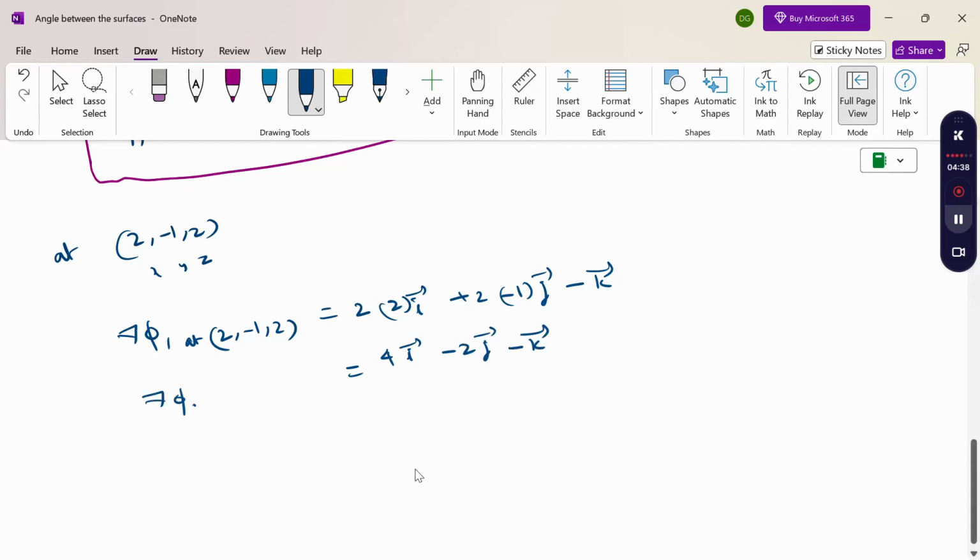This is del phi 1 at the point (2, -1, 2). This point is common for both functions.